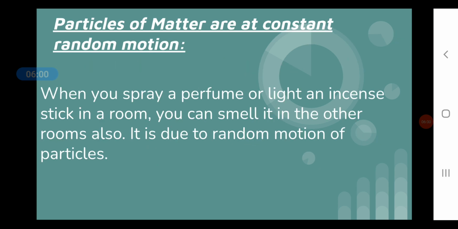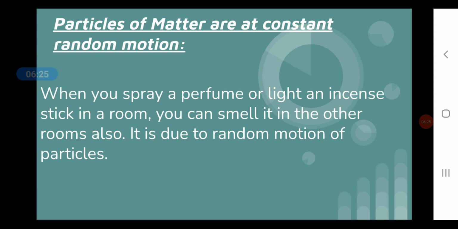Particles of matter are in constant random motion. This you have understood. You may have even faced this. When you spray a perfume in one corner of the room, you will get the smell of the perfume throughout your house. Maybe after some time, not at the instant moment, but you can smell it from the other room also.